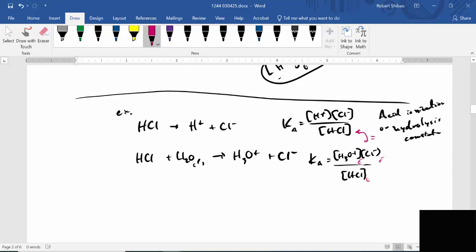So let's take a look at our chart of Ka values here. You go to HCl. On the very right column here are the Ka values. Do you see the acid ionization or acid hydrolysis constant there? What is it for HCl? What's the number? Very large. Too large. Do you have a very large key on your calculator? You don't have that key, so how are we going to do the calculation? Well, if the Ka is very large, we just skip the calculation.